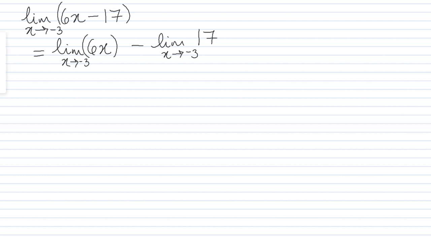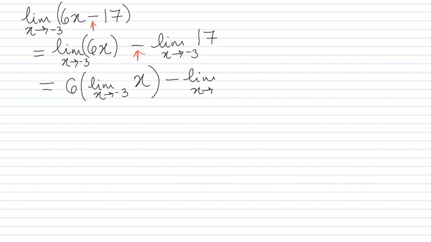The minus is coming from the minus here. That's where we get the minus. The next thing you do is bring out the 6. Then you have 6 multiplied by the limit as x goes to negative 3 of x, minus the limit as x goes to negative 3 of 17.